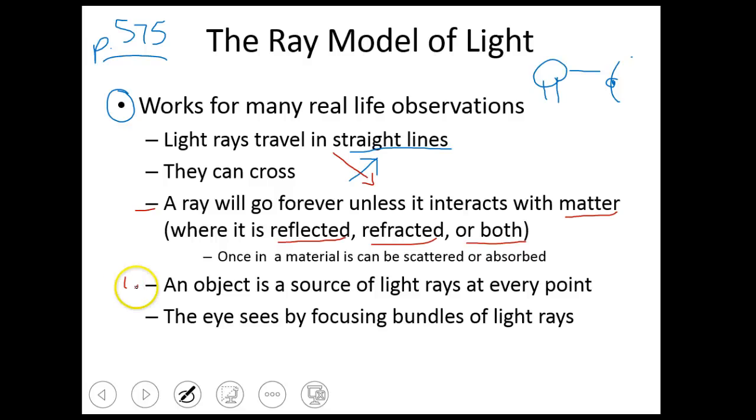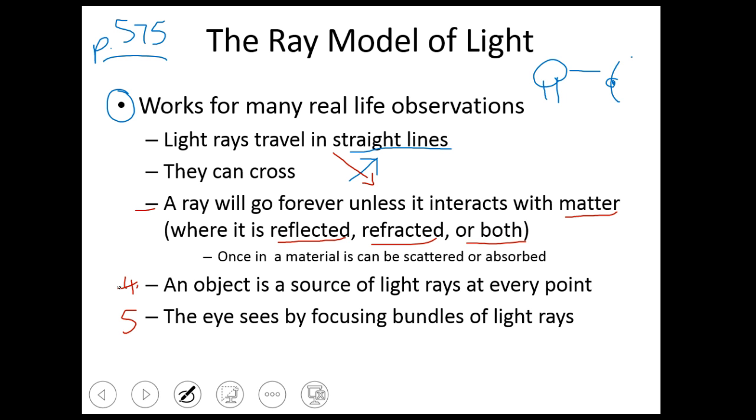Number 4 and 5 here are the ones you're not going to like. And so number 4 says that every object in our world is a source of light rays at every point in the object. And so you're not going to like this because you typically think of sources as only being like light bulbs or computer screens.